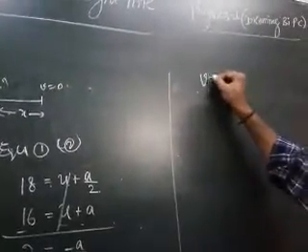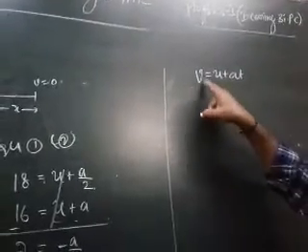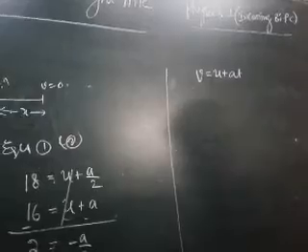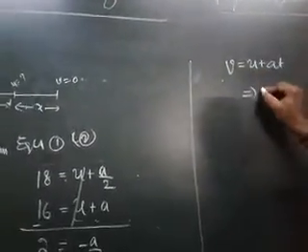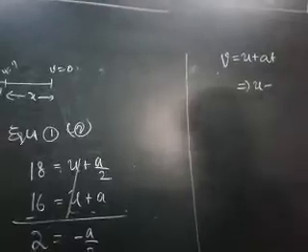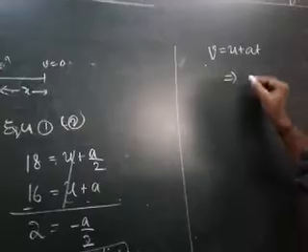So speed v is equal to u plus at, right? V is velocity, that is equal to u plus a t. The u value is given, that is 20.